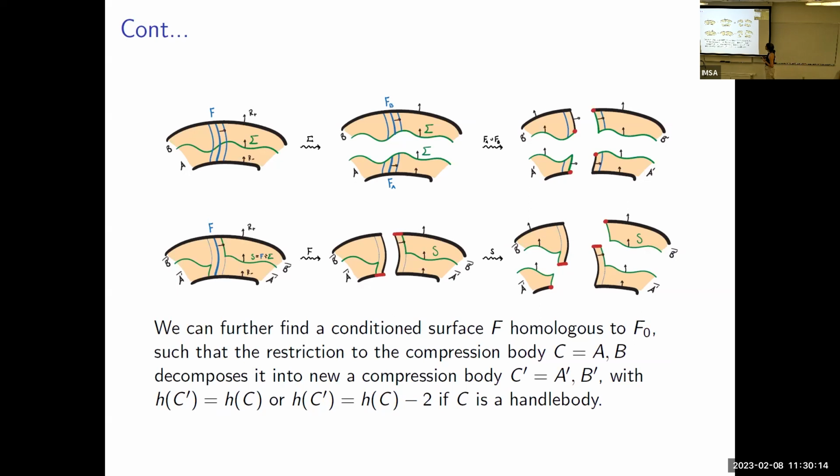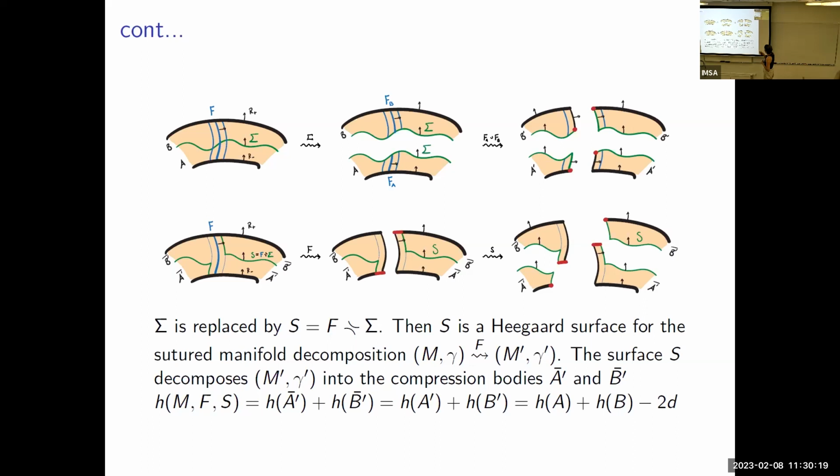So we have these settings. Recall that we want to find a circular Heegaard splitting. Given this decomposing surface, we want to cut along this surface and find a Heegaard surface for the pieces.